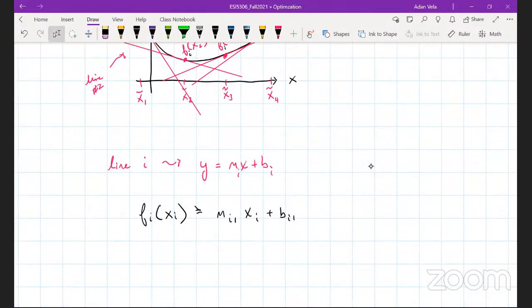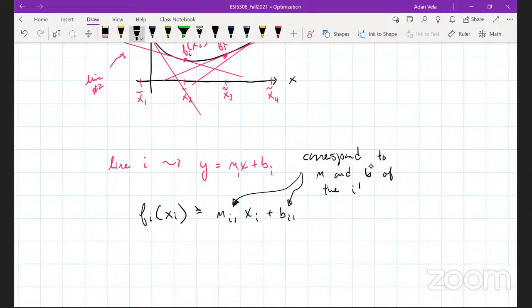Now these values correspond to the slopes, so correspond to the m and b of the ith tangent line at x tilde 1.